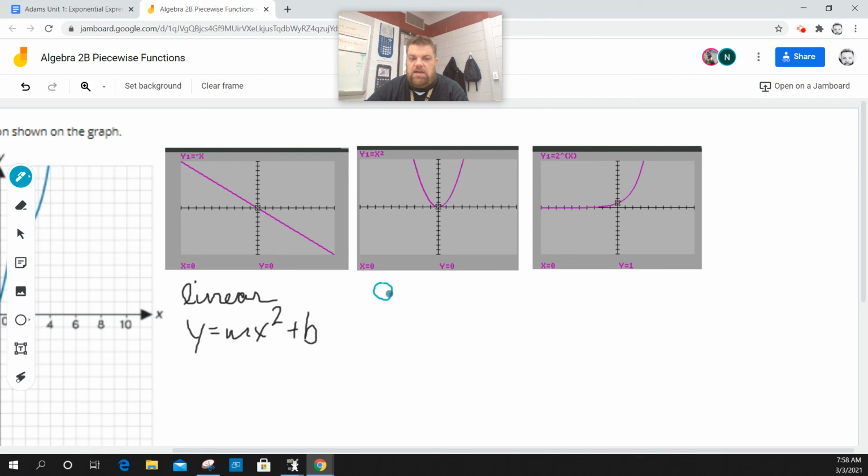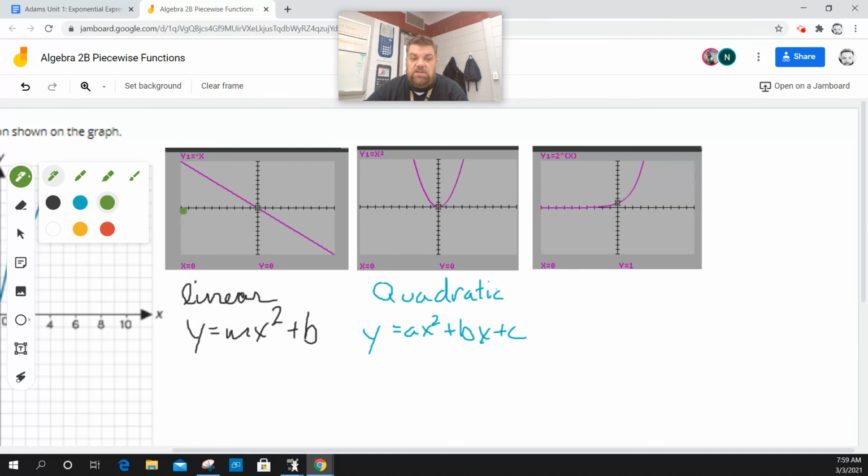So this is quadratic, second degree polynomial. And that looks like y equals ax squared plus bx plus c. And then this last one is the one that we're really interested in. This is the exponential.